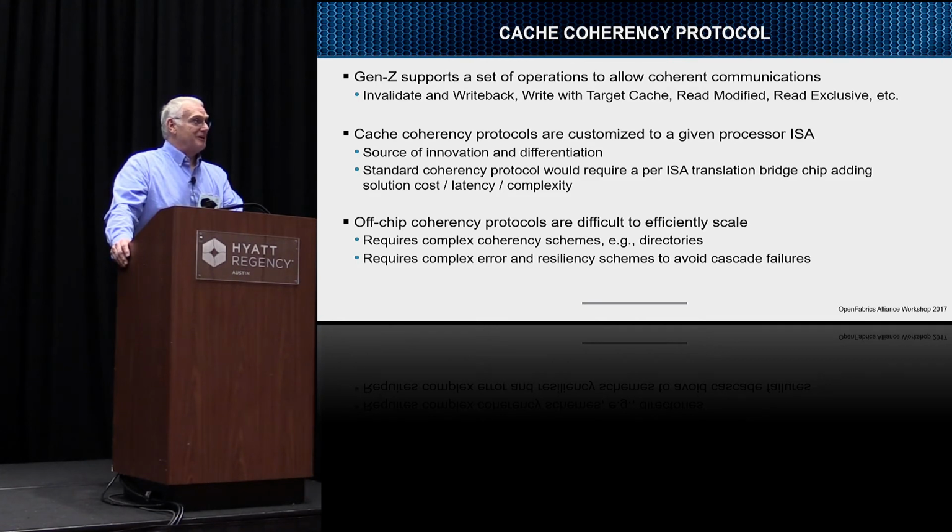It's really a lofty thing to do, but there are going to be lots of things before that can happen. We believe this area is going to be a source of innovation and differentiation among the people that contribute. And as I stated earlier, off-chip coherency from different vendors we believe is going to be somewhat difficult.